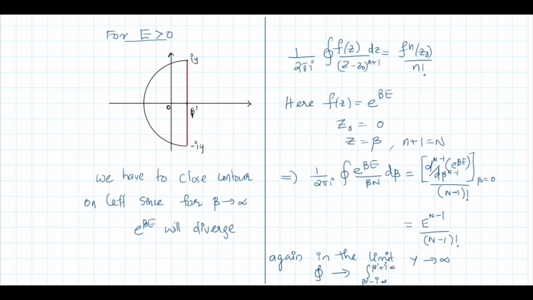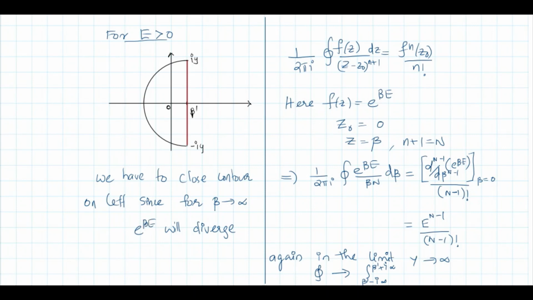as we expected. Now, for energy greater than 0, we will close the contour on the left side. Why? Because there is an e raised to beta E. Now E is greater than 0. So in the limit y tends to infinity, beta will go to minus infinity, and E is positive, so this product will be minus infinity.